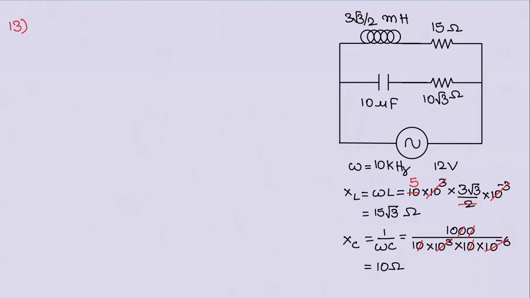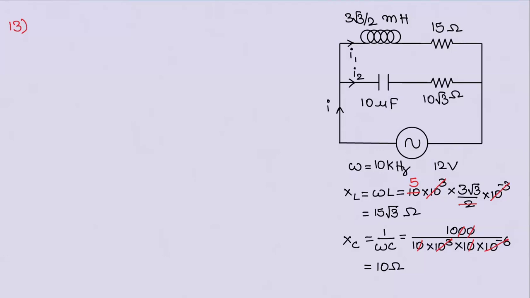We'll continue after this. First of all, I'm taking the upper circuit. In that, I'll take the current as I1. In this, I'll take the current as I2. The total current is I. Good.